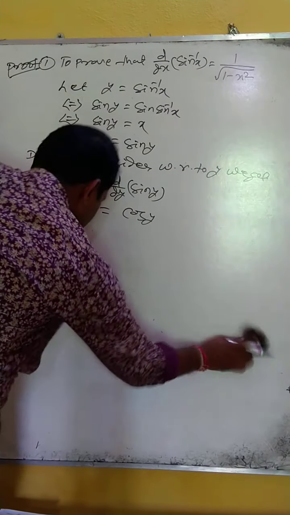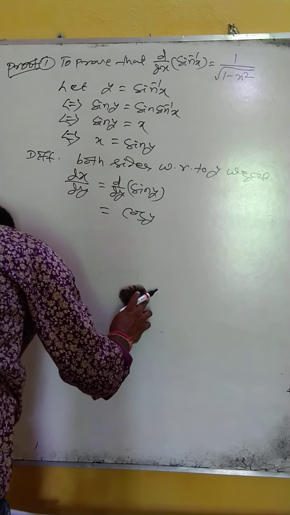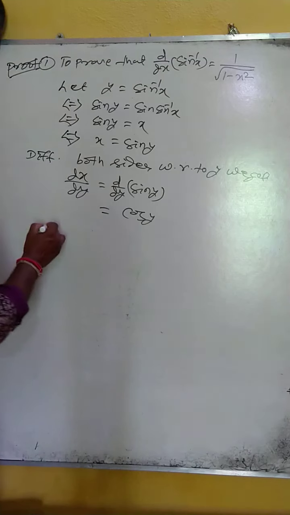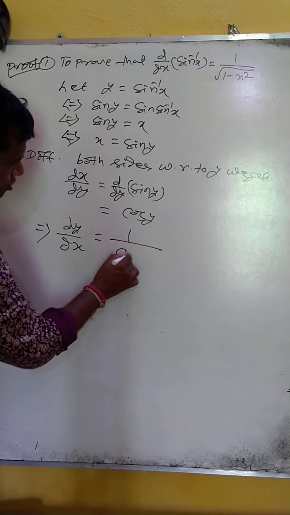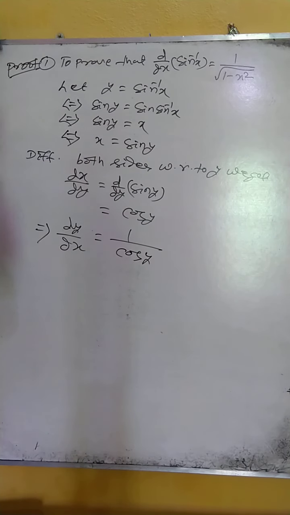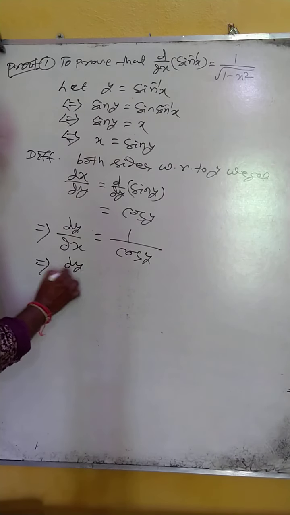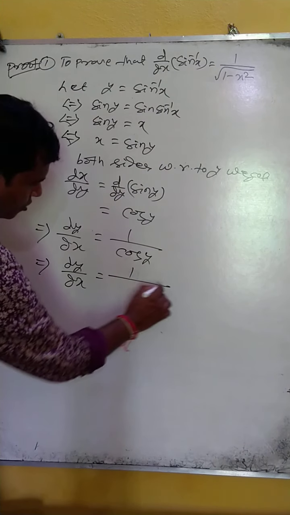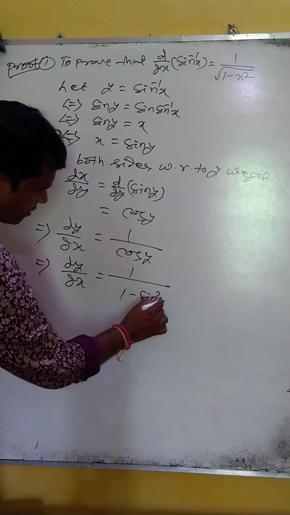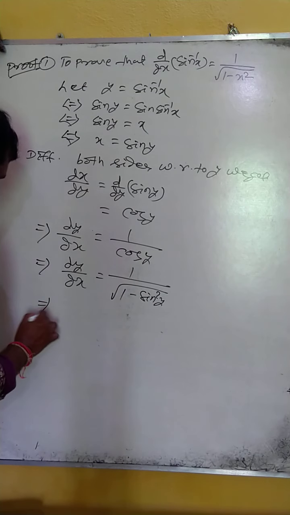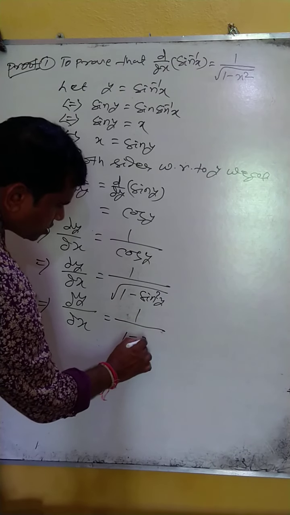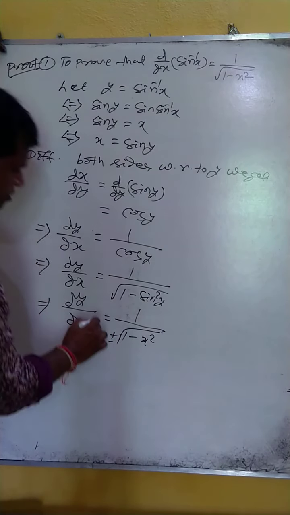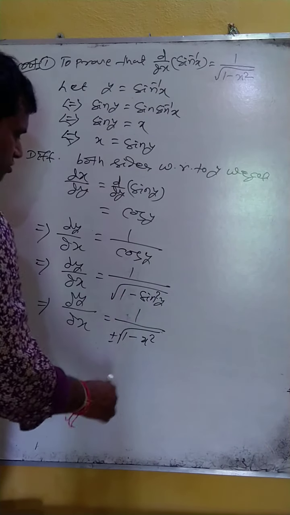So we write dy by dx is equal to 1 by cos y. Okay, 1 by cos y, that implies dy by dx is equal to 1 by root over 1 minus sin square y. That implies dy by dx 1 by root over 1 minus x square, plus minus, since x is equal to sin y.